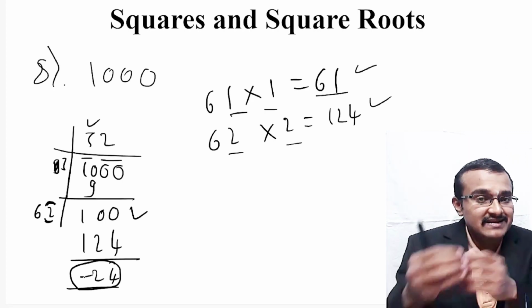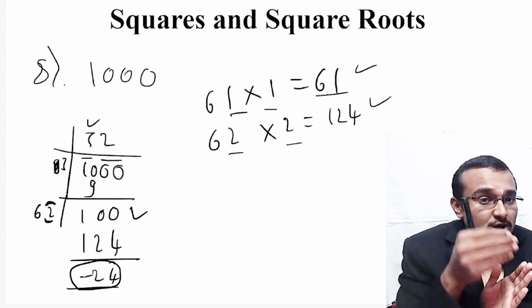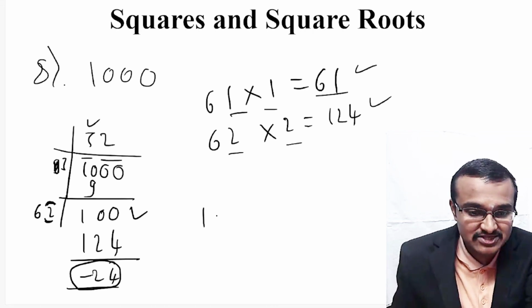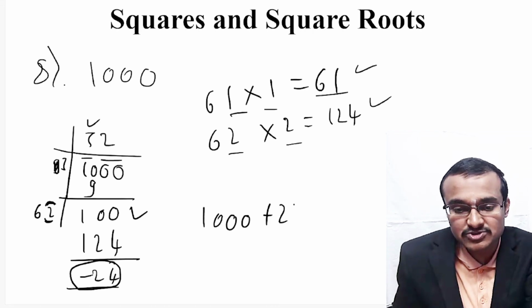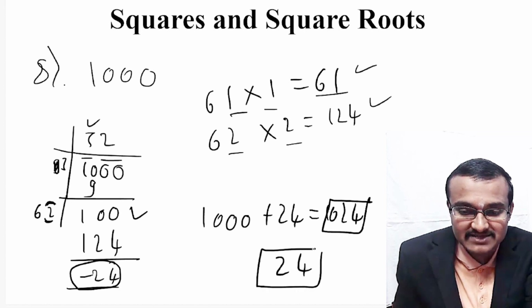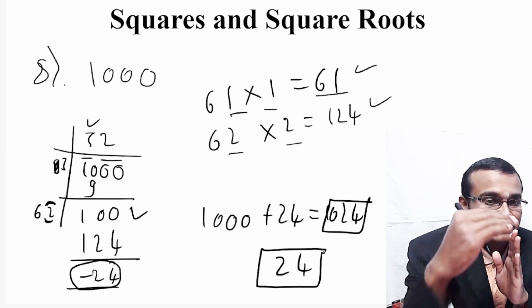Here negative symbol indicates that many numbers are actually less for 1000 to make that 1000 perfect square. So that means you should actually add that 24. So 1000 plus 24 is actually equal to 1024. So he requires 24 more plants to that 1000 plants so that he can make equal number of rows and equal number of columns.